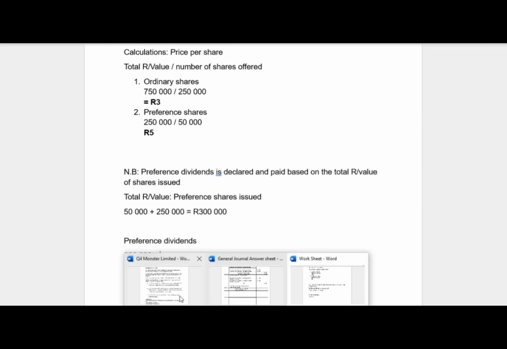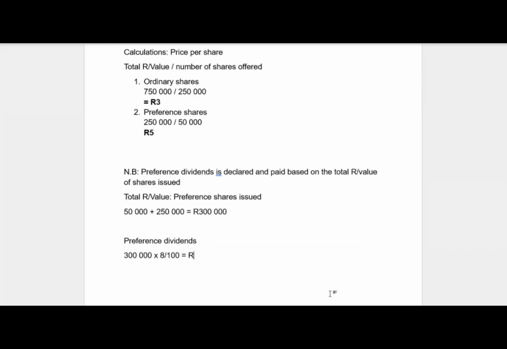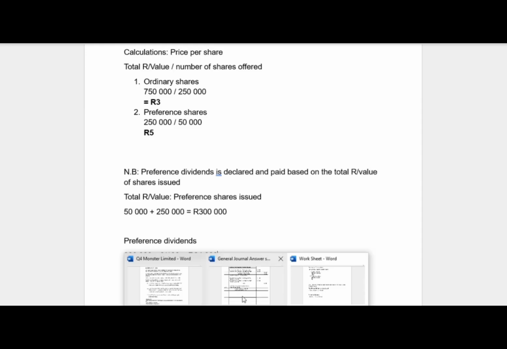The percentage behind the preference shares is 8%. So we're going to multiply by 8%, you're gonna get 24,000. That is your preference dividends. All right. And then now this preference dividends, we can come and record this side, right?